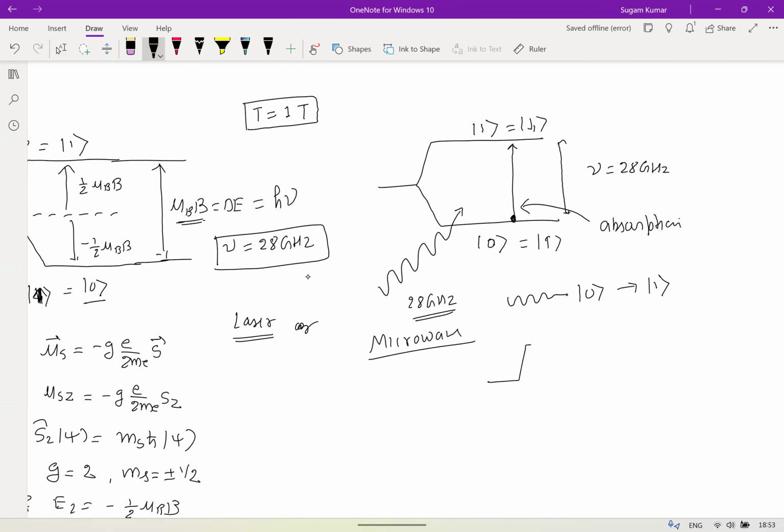But imagine that the electron is already in the high state, and then you shine a photon of again 28 gigahertz. What will happen? This is going to cause a stimulation, correct?